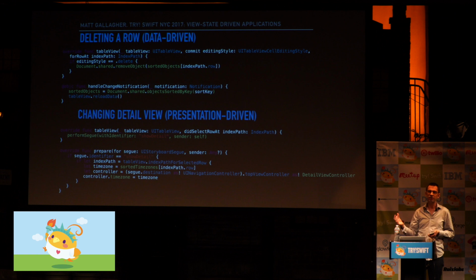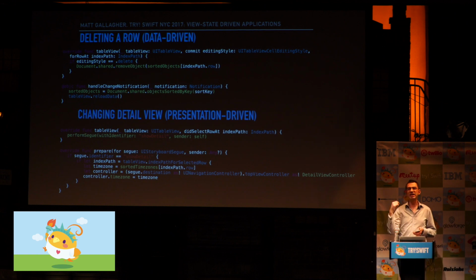A presentation-driven change is like when we select a different item for the detail view. So we click on a row in that master view, and it brings up the detail view. The first thing we do in that is not to change the data, but to change the presentation. We say perform segue. And then at a later point in prepare for segue, then we finally set the data on the controller.